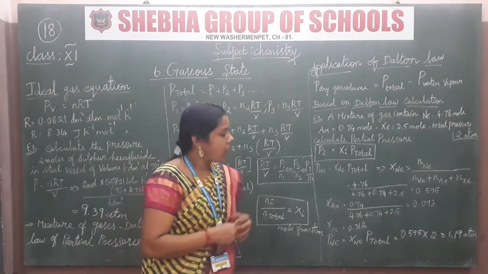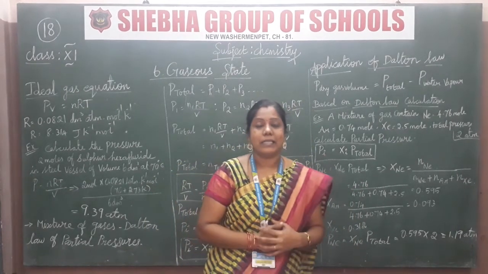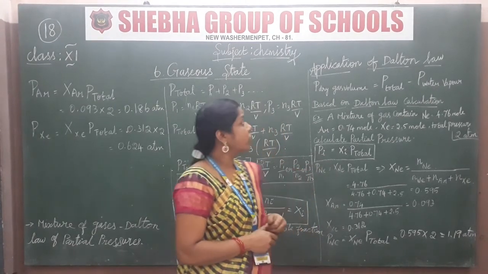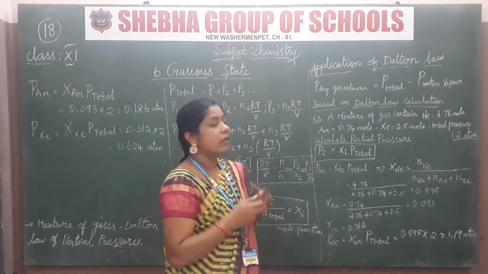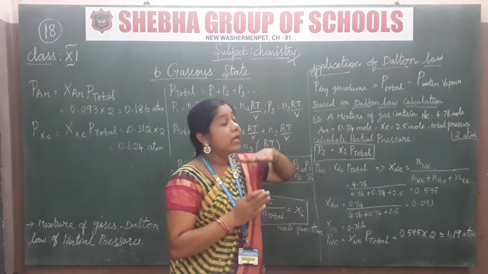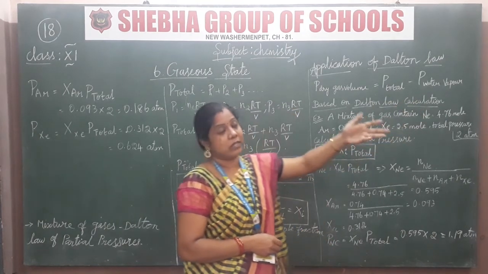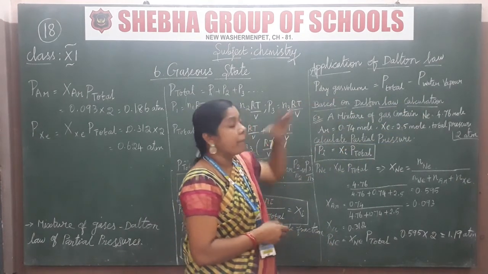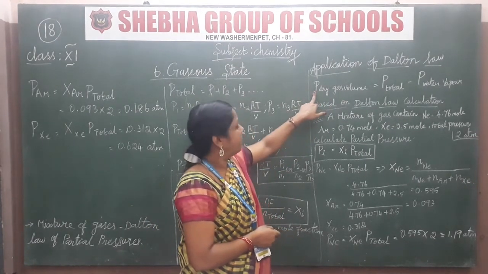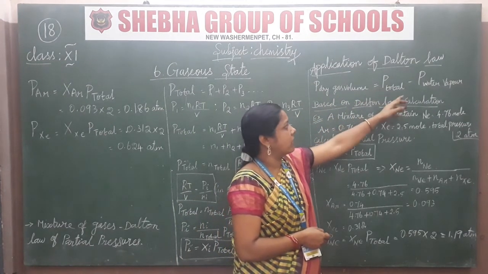Okay students, now move on to another one, that is the application of Dalton's law. Now we are going to learn about the application of Dalton's law. The formula is the pressure of dry gas is equal to the total pressure minus the water vapor pressure. So to understand this application, we write the formula: pressure of dry gas is equal to the total pressure minus the vapor pressure.